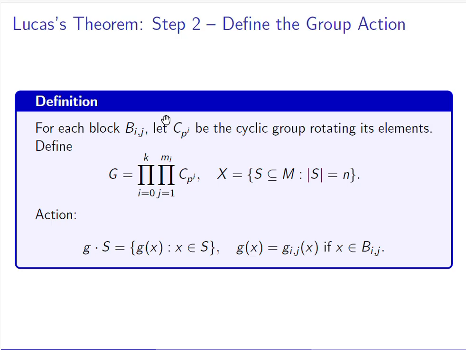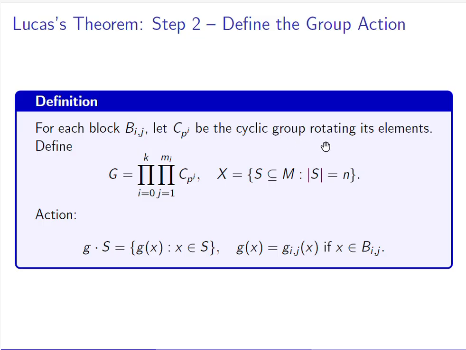So you have to somehow fix an ordering of the elements in B_ij, or you can choose this set so that it's ordered. For example, if it's of size 3, you can choose 1, 2, 3, or 3, 4, 5, or 5, 6, 7 in that order. In that case, there is a clear permutation that just permutes the set.